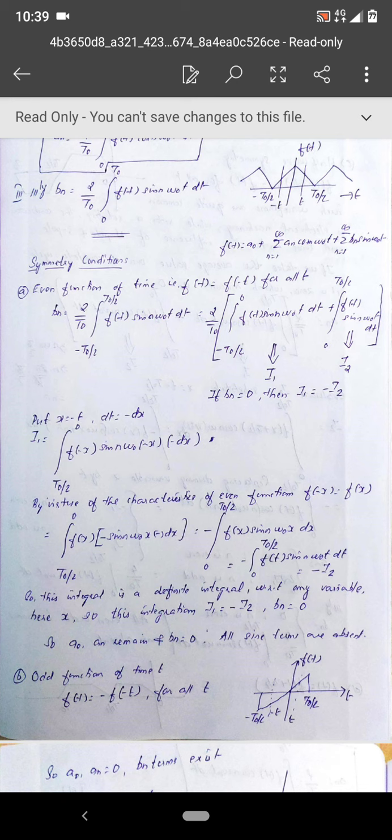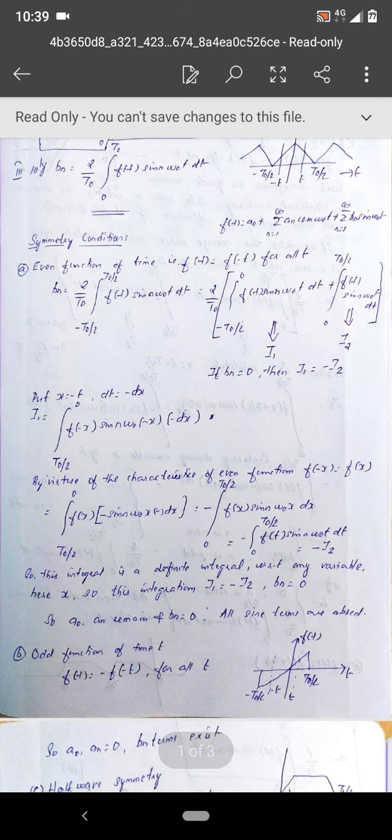All sine terms are odd terms, so they will not satisfy the relationship f of t equal to f of minus t. So straight away you can say that all terms associated with sine will become 0. I have just derived that to show you how bn is equal to 0, so it is enough to prove bn is equal to 0 for an even function.